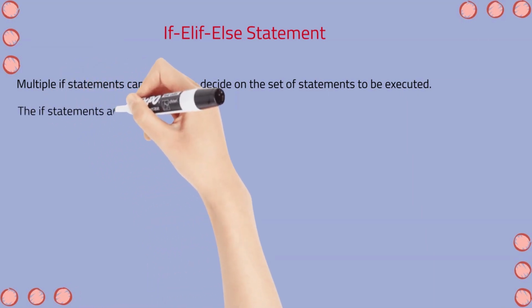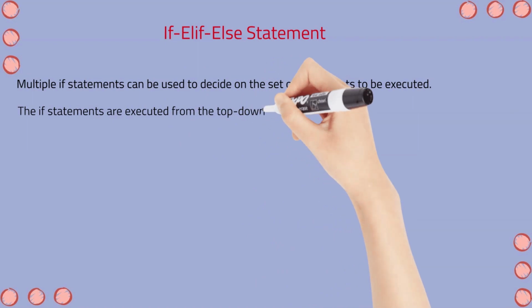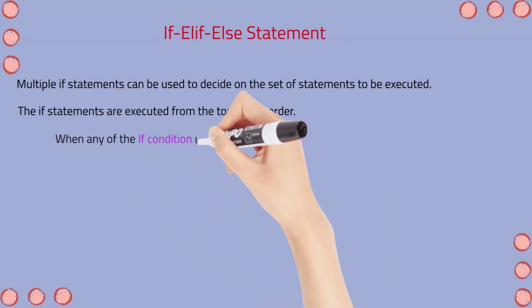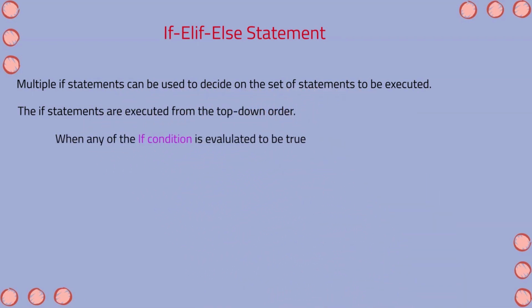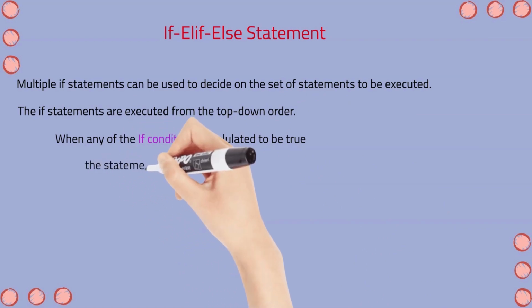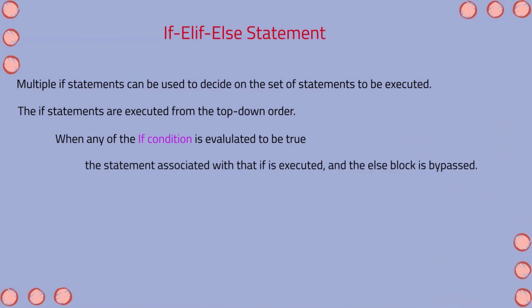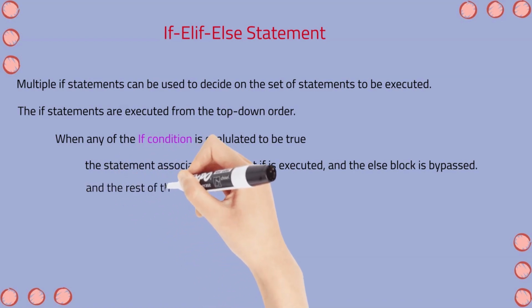The if statements are always executed in top-down order. When any of the if statements is evaluated to be true, then all the statements associated with that if block are executed, and the remaining if conditions and the else condition are bypassed.